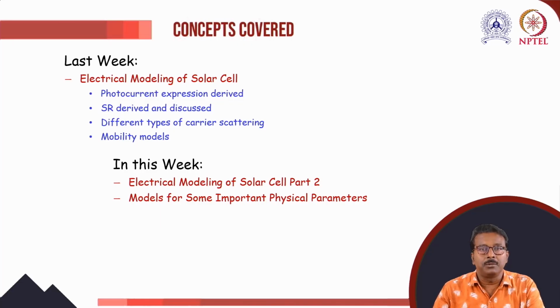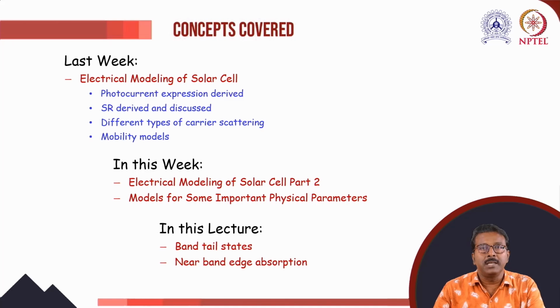Also different types of tunneling mechanisms of carriers, particularly if there is a metal semiconductor junction with a Schottky barrier. Also some band tail states and recombination models will be discussed in this week.